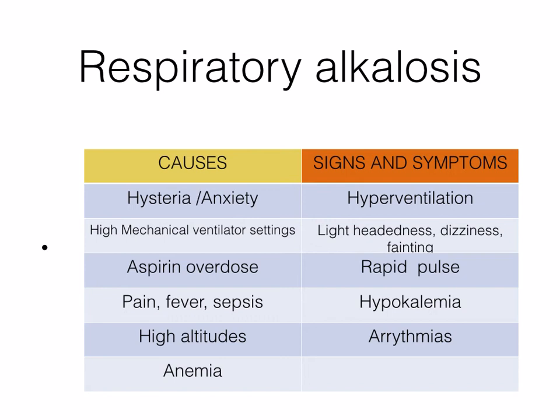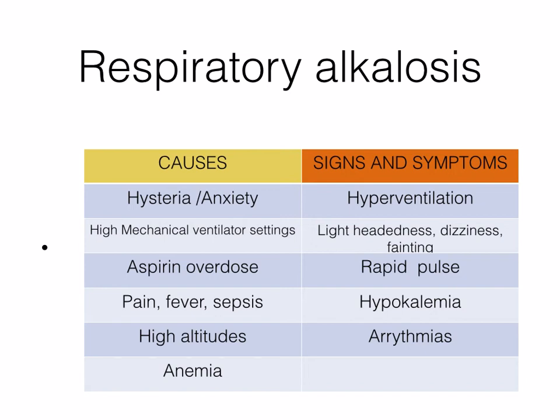Now, signs and symptoms of respiratory alkalosis are hyperventilation, lightheadedness, dizziness, fainting, rapid pulse, hypokalemia, and arrhythmias. Hyperventilation, of course, because a lot of respiration is happening, increased respiration, causing excess loss of carbon dioxide.